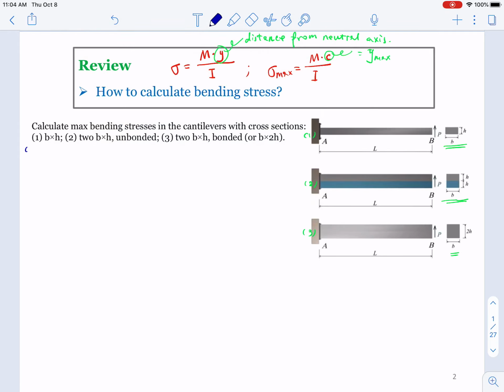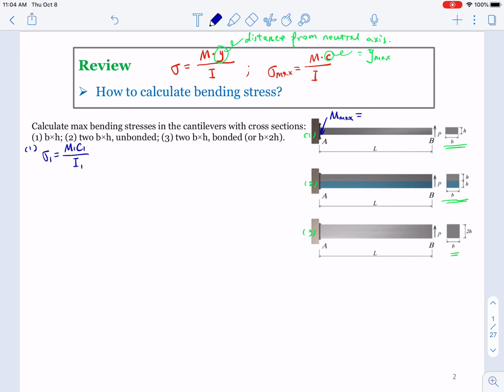Okay, in case 1, this is really simple. We just calculate the stress from sigma equals M1 C1 over I1. Since we're calculating the maximum bending stress, we first need to find the maximum bending moment. Where is it? It's just at this end. We have done many exercises, so you should be able to identify the maximum M very easily.